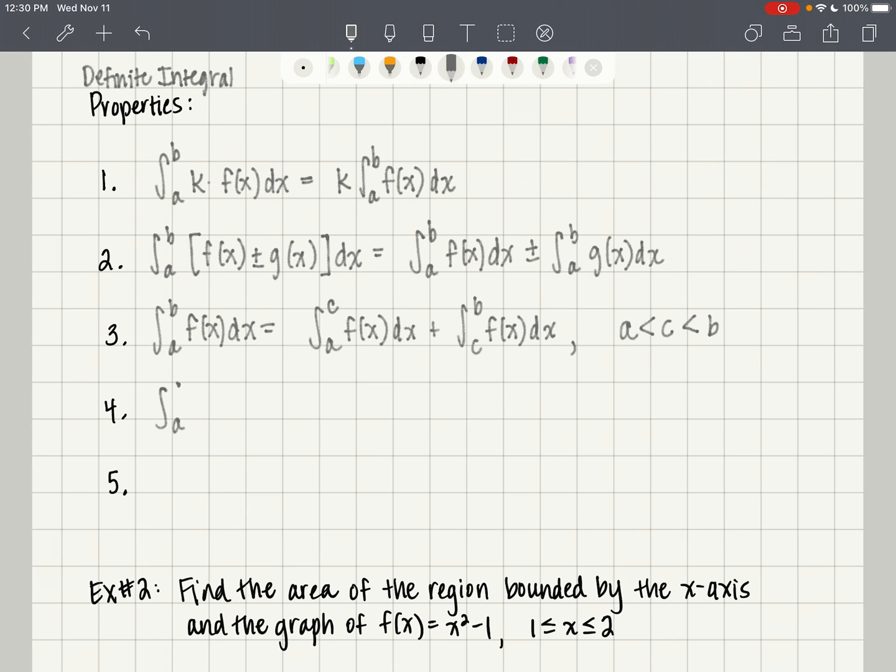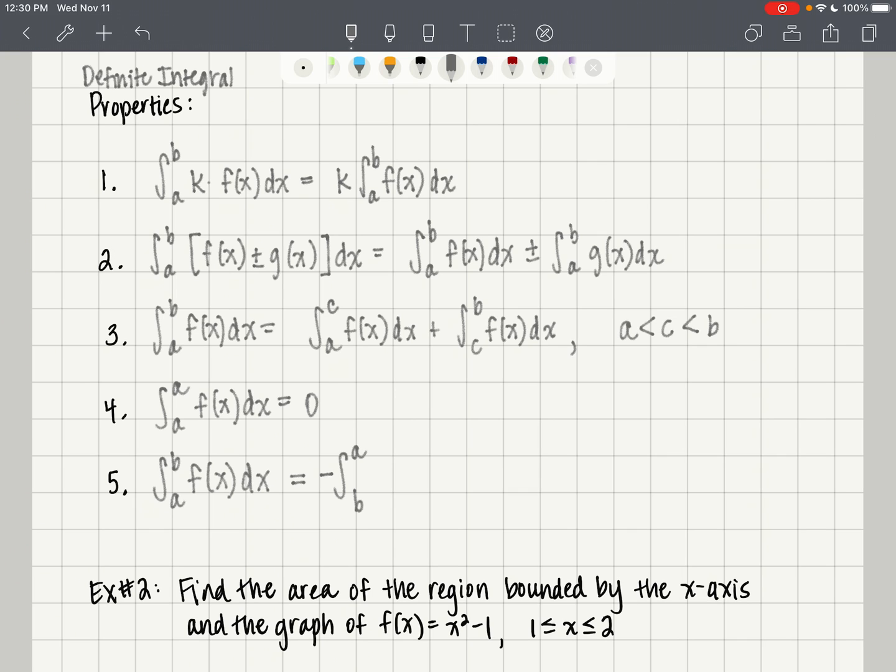If my limits of integration are equal, so my lower limit equals my upper limit, that definite integral value is equal to 0. And if my lower limit and upper limit are switched, where I take the upper limit and it becomes the lower limit, and the lower limit becomes the upper limit, that would equal the opposite.